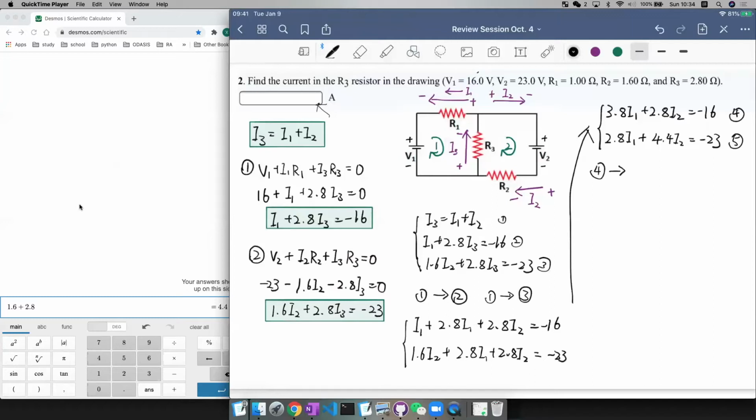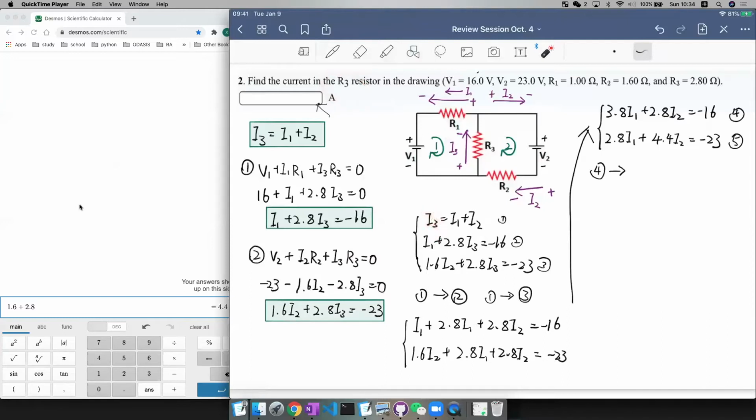I'm already at a dead end. I have to turn around, drive out of this dead end. How do you know it's a dead end? Because this question asks for I3. I already canceled out I3.